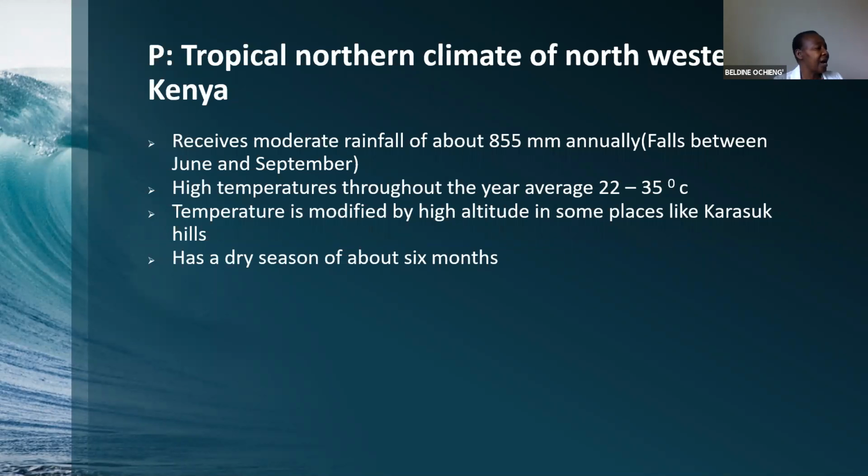Then lastly, it has a dry season of about 6 good months. The place is dry. Those are the characteristics of our tropical northern climate of Western Kenya.